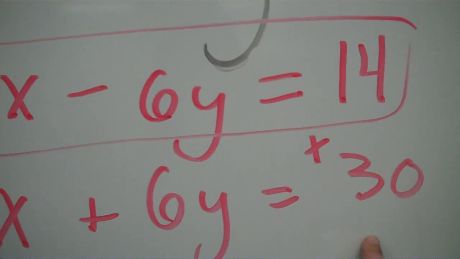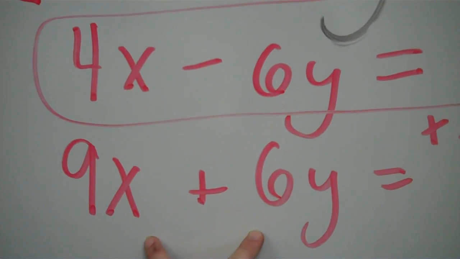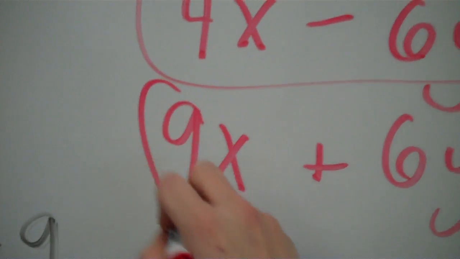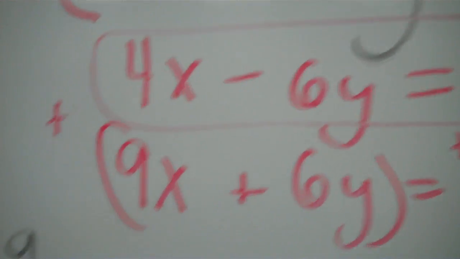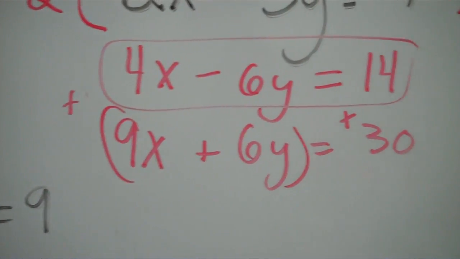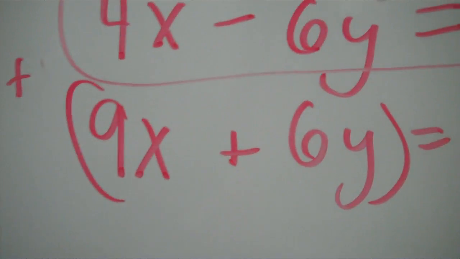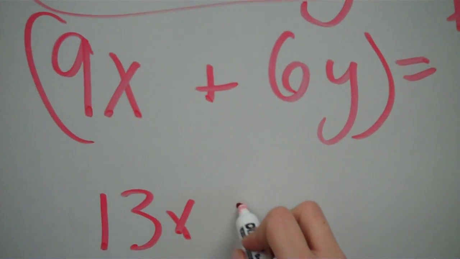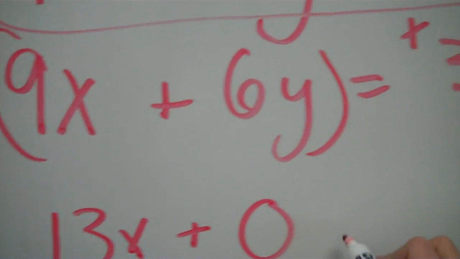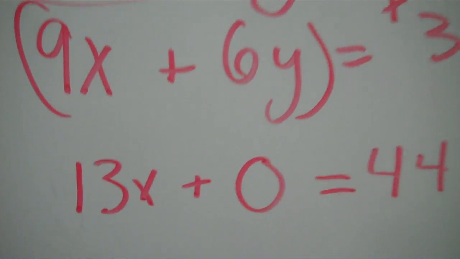Well, if 30 equals this, then this is really the same thing as the number 30. So if I choose to add this to this side, I'm adding 30 to that side of the equation and 30 to that side of the equation. And when I do that, I'll have 13x plus 0 equals 44.